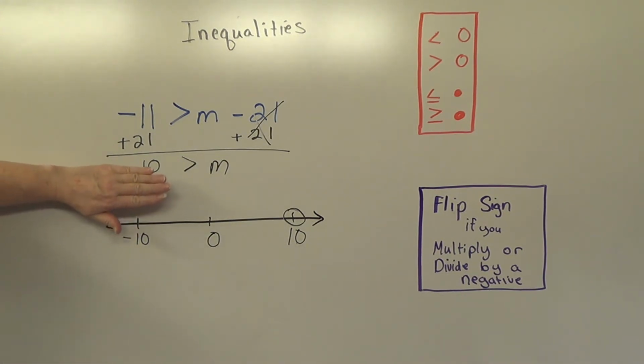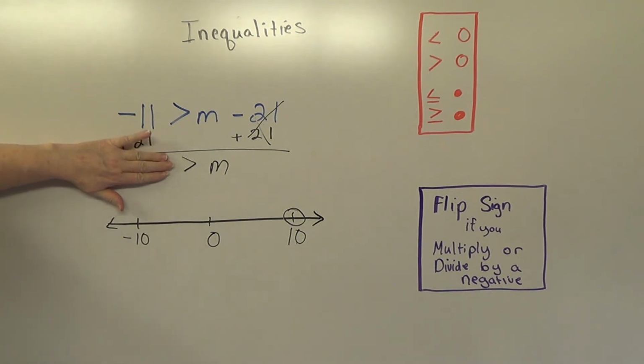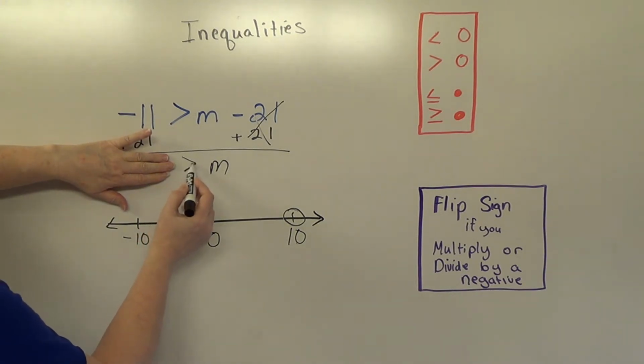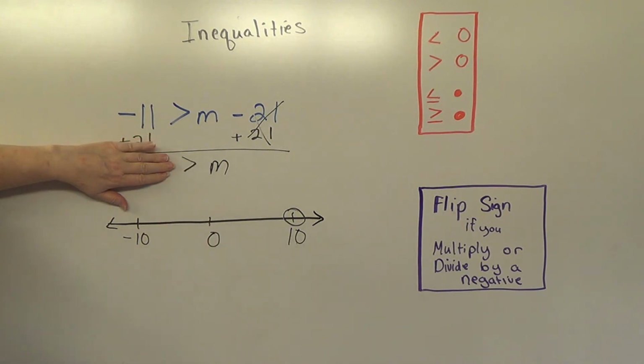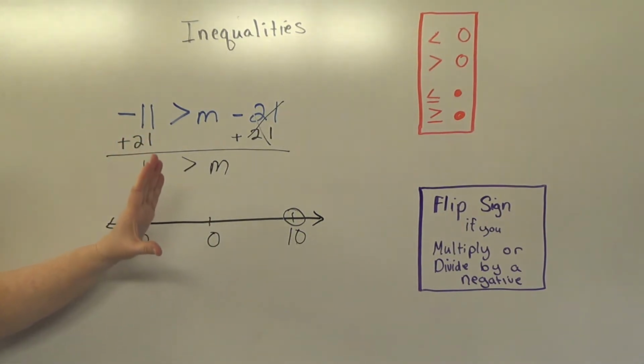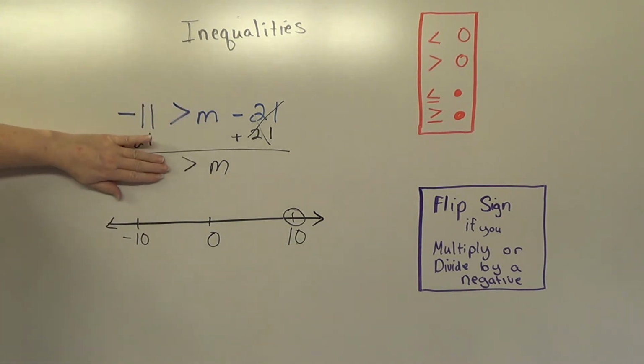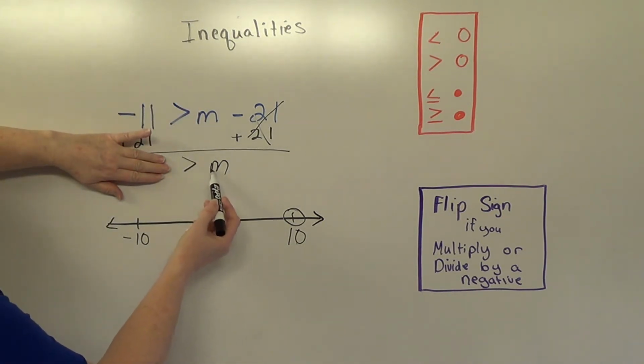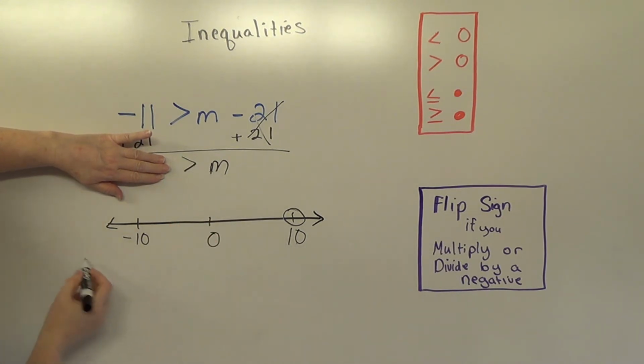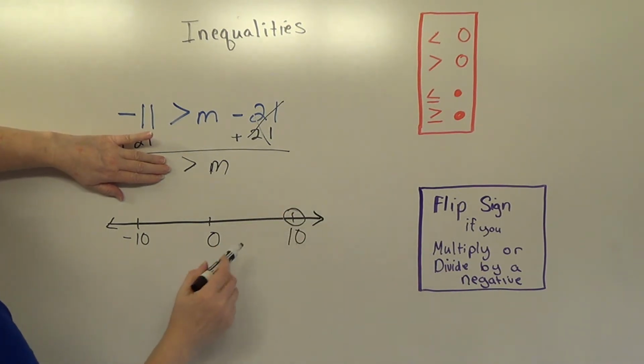So now I'm going to cover up the 10, and I'm going to just focus on my variable. What do I know about m? Well, it's pointing to the m, and it means that m is less than. If the inequality was open to the m, it would mean that the m was bigger. But this time, if I just focus on m and the inequality sign, I see that m is smaller. And smaller is to the left, and bigger is to the right.